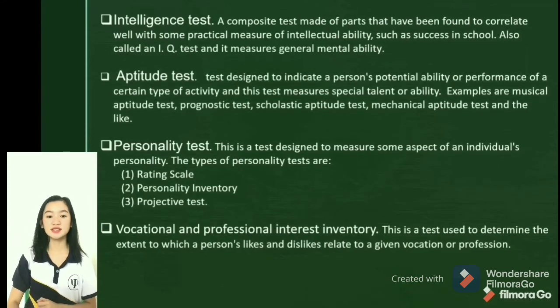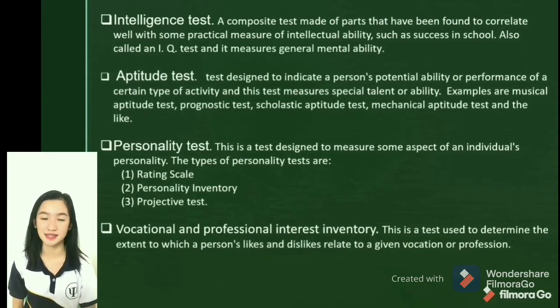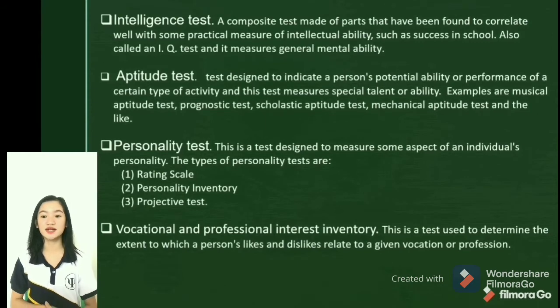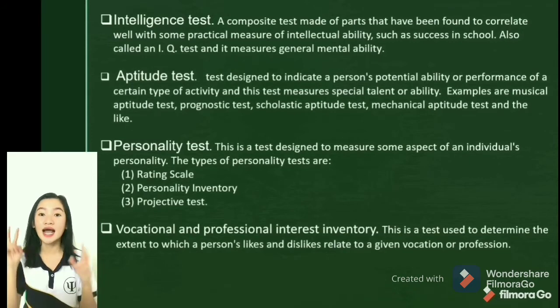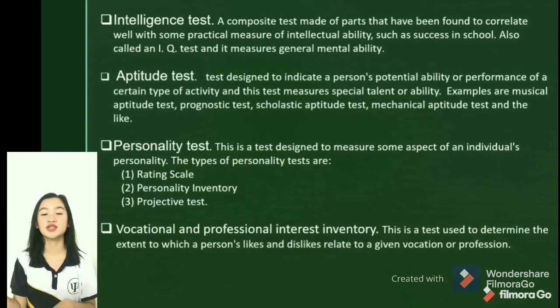Let's go to intelligence tests. This is a composite test made of parts that have been found to correlate well with some practical measure of intellectual ability, such as success in school. Usually this is called an IQ test, and it measures general mental ability.